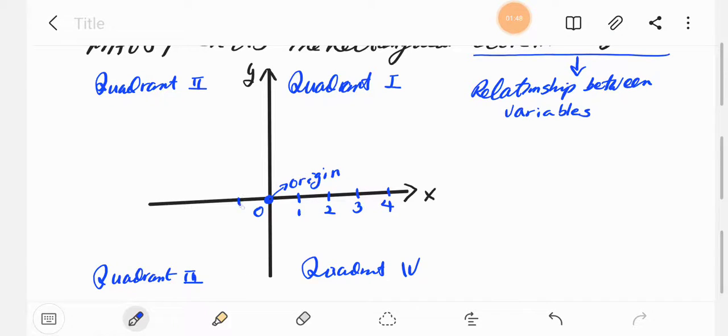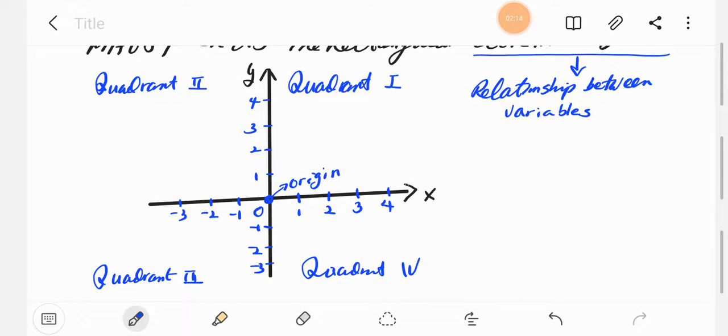As you go to the left, the number decreases, so -1, -2, -3, and so on. And as you go up, the y value increases, 1, 2, 3, 4. And go down, then the y value is -1, -2, -3, and so on.